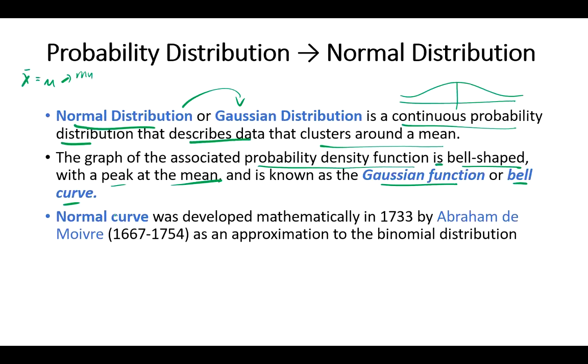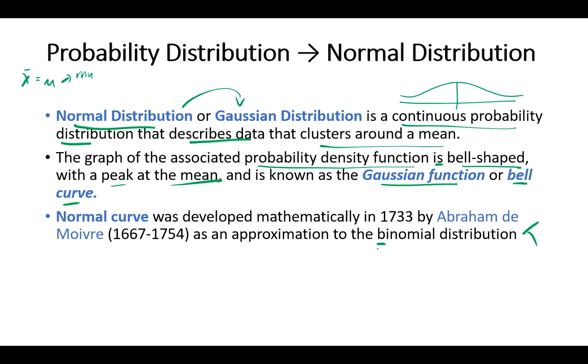Next, a normal curve was developed mathematically in 1733 by Abraham de Moivre. Okay, we pronounce this as Moivre. De Moivre, 1667 to 1754, as an approximation to the binomial distribution. So, si normal distribution has an influence of binomial distribution, no? From binomial distribution, we all know it has only two outcomes.